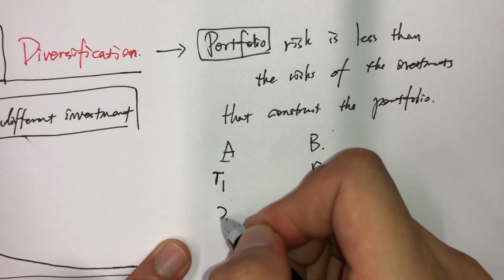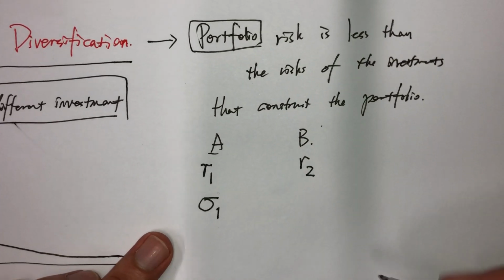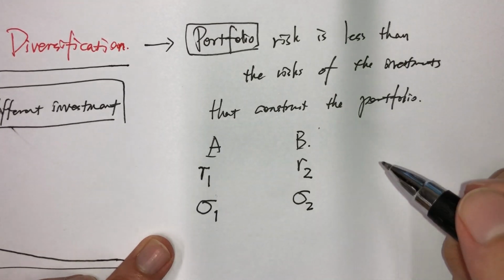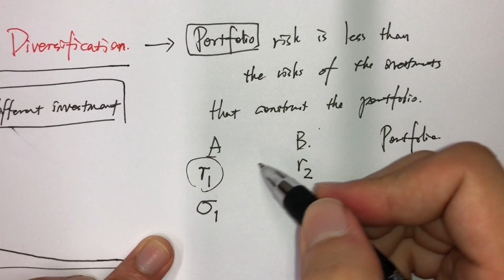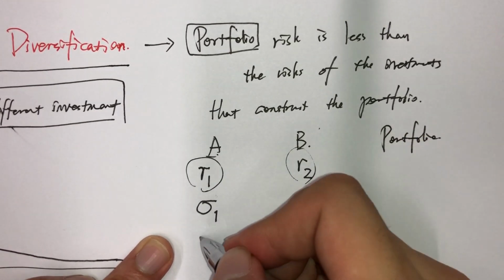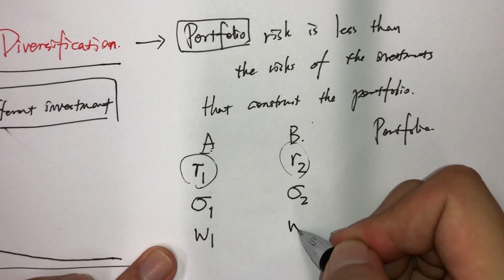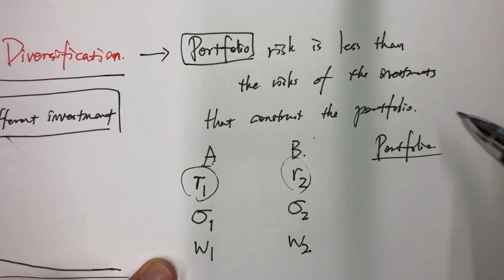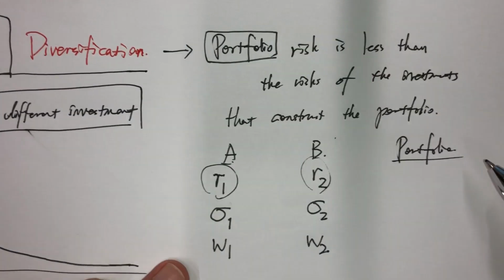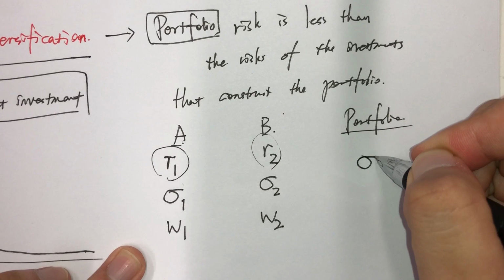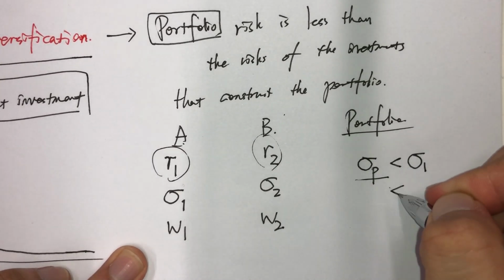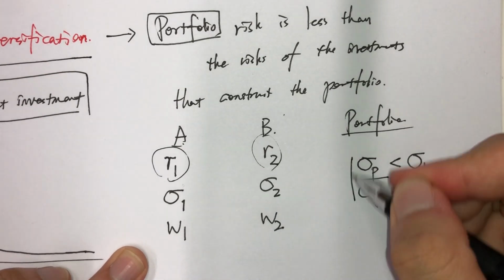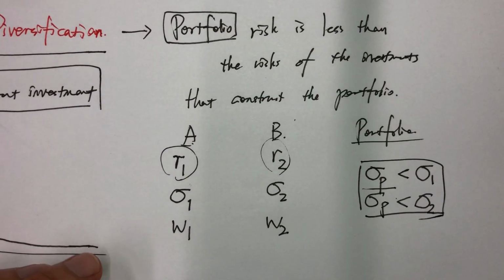We also have sigma 1 as the standard deviation of A and sigma 2 as the standard deviation of B. If we define a portfolio to be some proportion in A and some proportion in B, for example, the weights in A and B we call W1 and W2, what we mean by risk diversification is that our portfolio risk, sigma P, will be less than sigma 1 as well as less than sigma 2. So this is what we mean by portfolio diversification, okay?